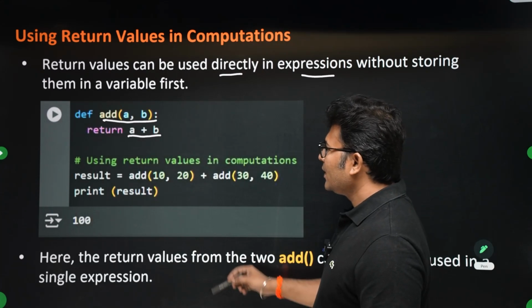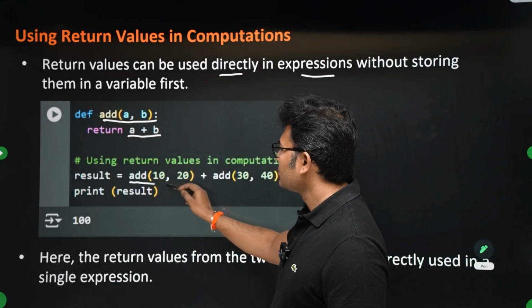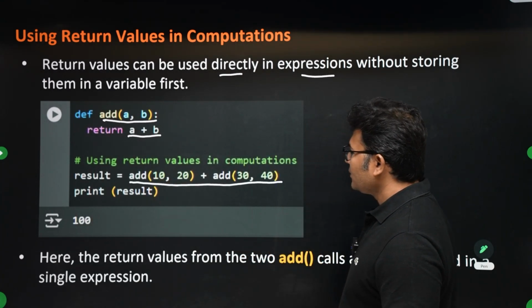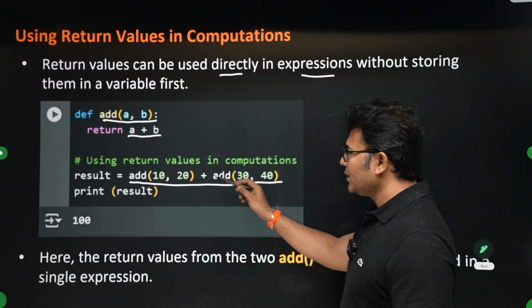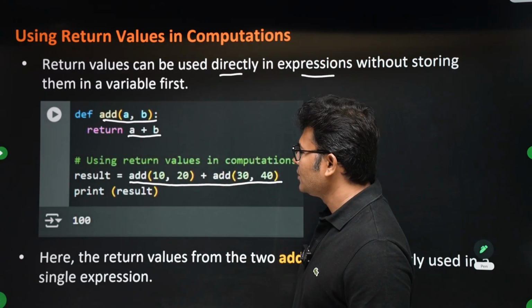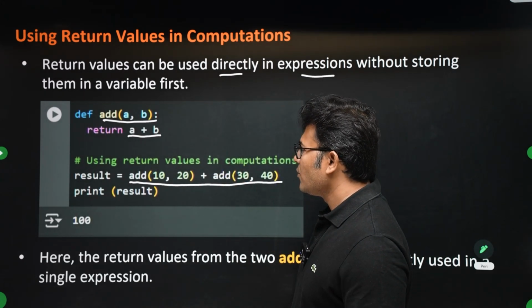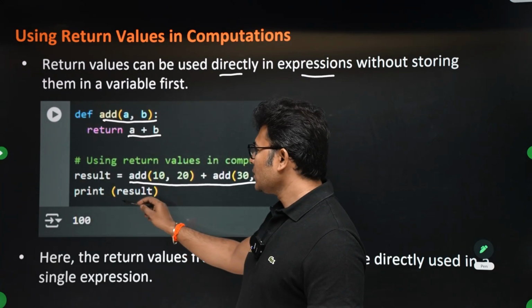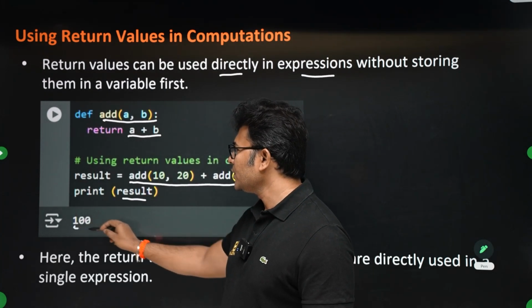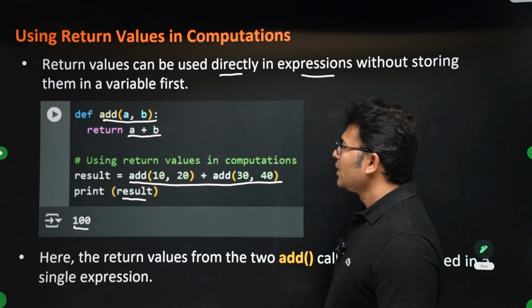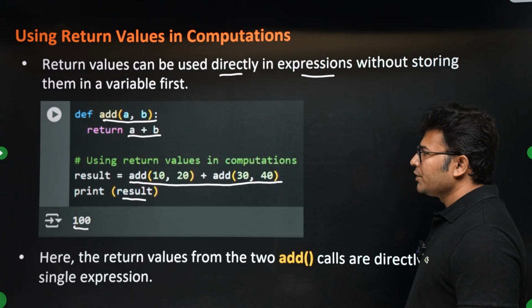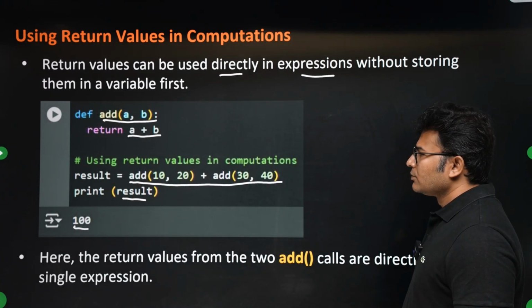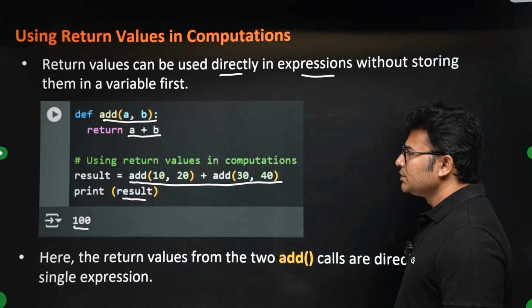Now, you can directly use it in the expression: add 10, 20, add 30, 40. You can directly use them in the expression without storing them in a variable. It will work. So if you want to print the result, 100 is printed, which is 10 plus 20 plus 30 plus 40, right? The result 100 is printed.